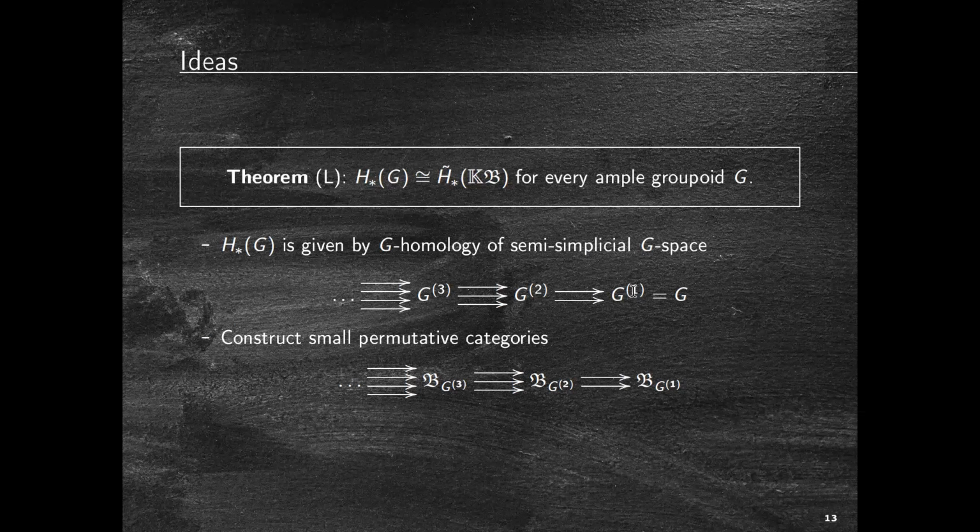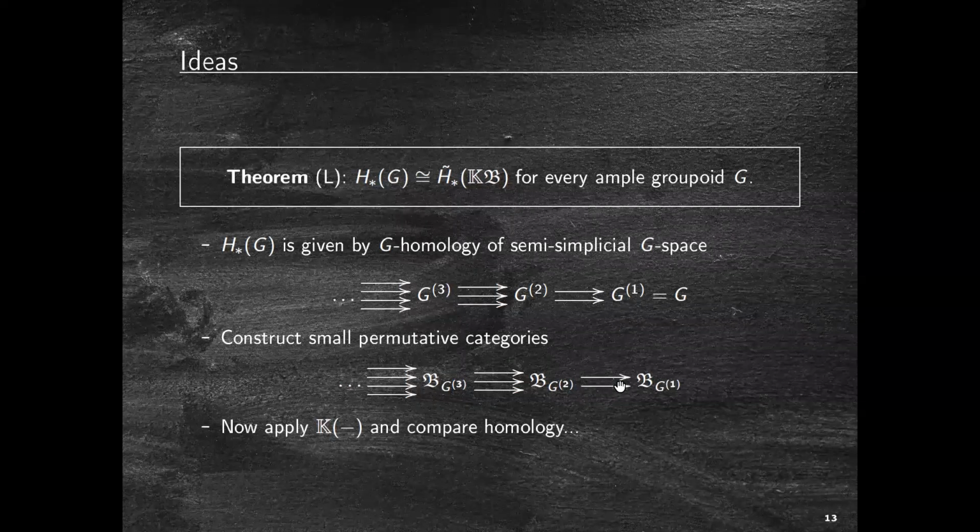So these are nice G spaces because you can form nice quotients. And that somehow makes the analysis of these categories easier. And then very roughly speaking, because you can compute homology for the K theories of those, you can do that and then compare homology of the groupoid and of the K theory spectrum using these sequences. So this is very quickly the idea behind the first result, that you mimic this semi-simplicial space.